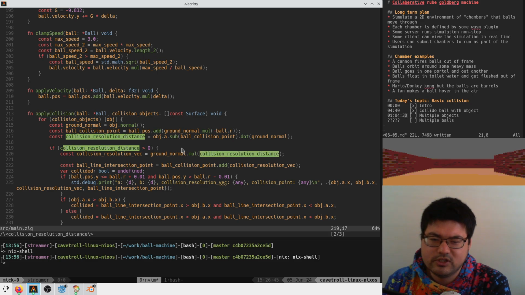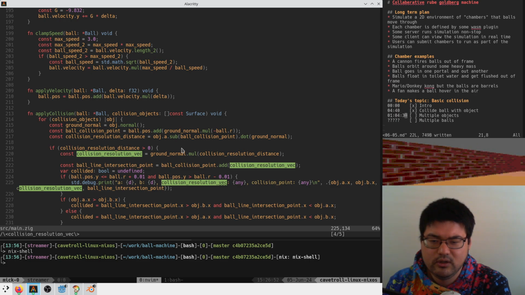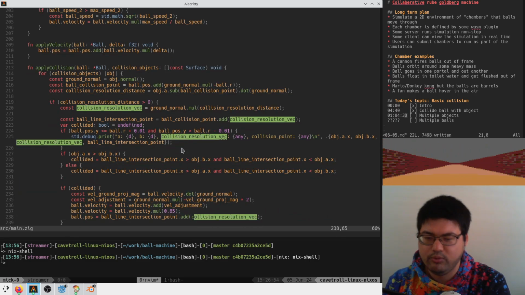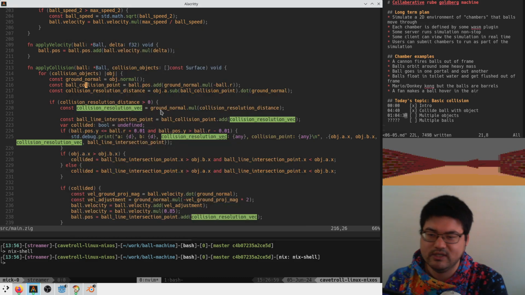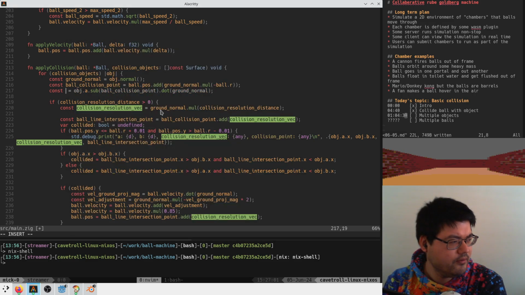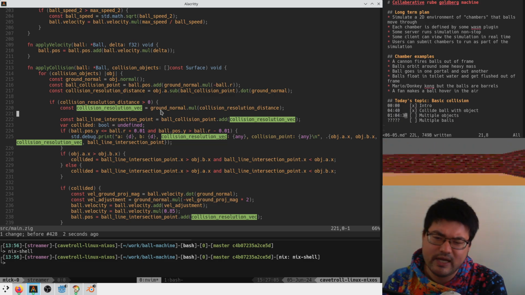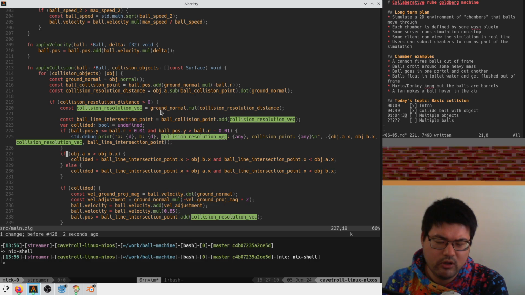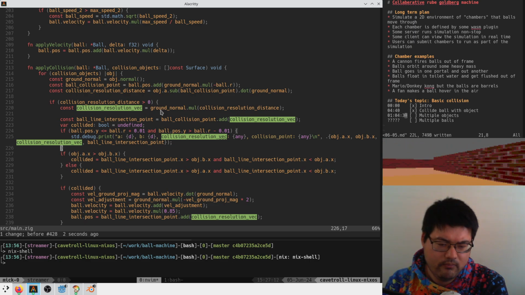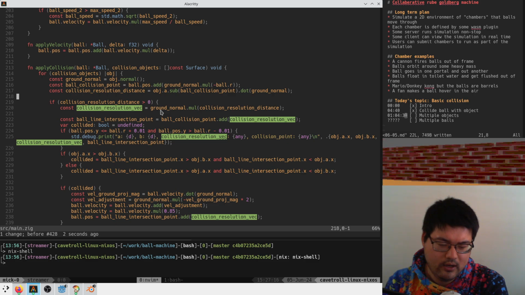So let's just double check. We use this here, but then we also use this collision resolution vector twice. We use it down here to push the ball back out, which is not what we want now. We want both of these things. So we're going to say, I think we can still use that actually. We just have to check if the ball collided first. Yeah.